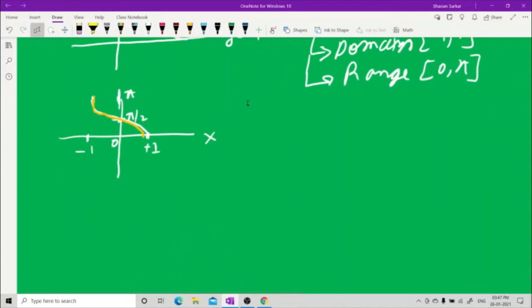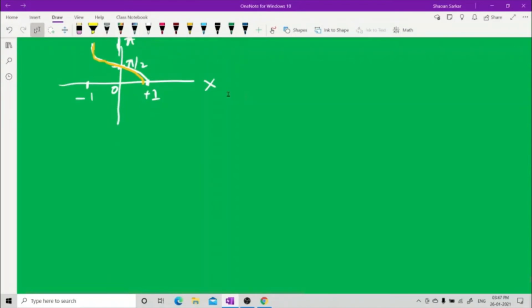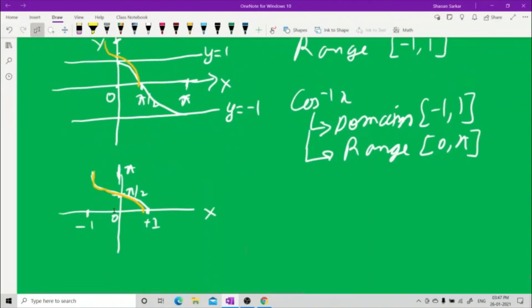Now, the next is tan inverse graph. You will need these graphs to understand how the limit, continuity, and differentiability exist in these graphs or not. For example, I'll talk about here only. Now they may ask whether the limit of cos inverse exists at pi by 2.